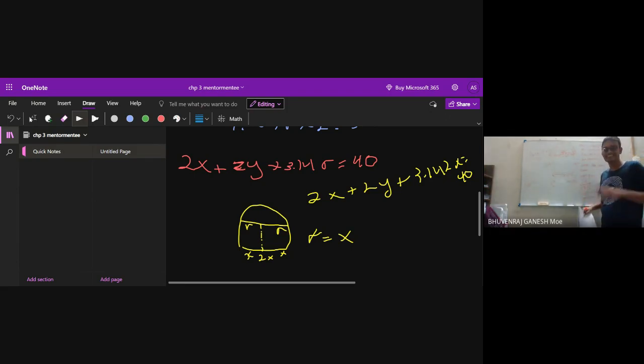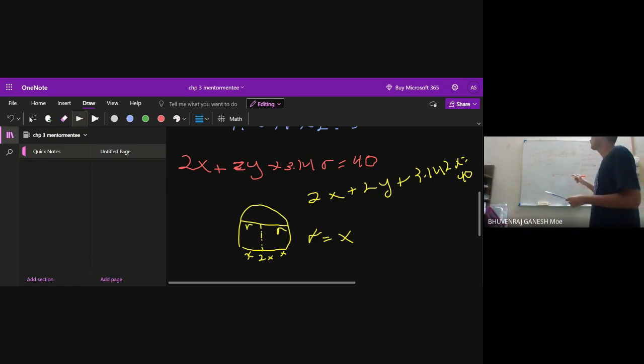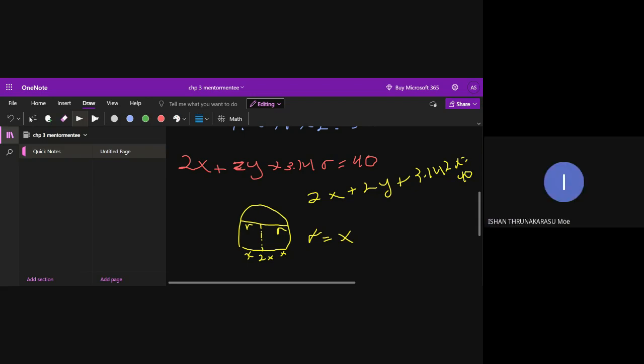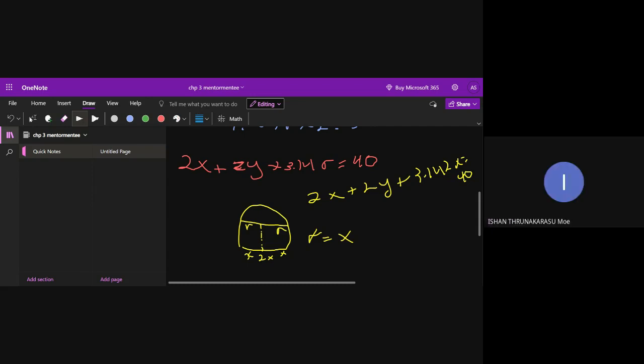So I think let Ishan try how you form your second equation. What is your idea? Like how will you solve it? Must I take the 2x and then times the 22 over... Okay, this shape, the bottom one, what's the shape?